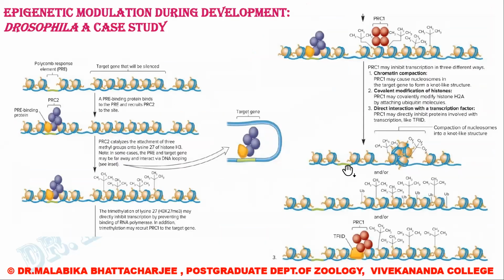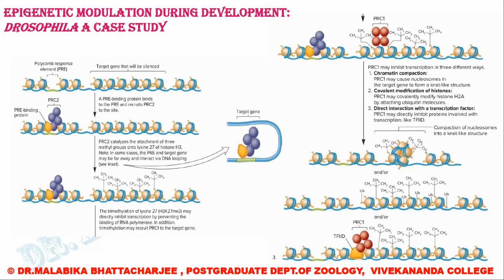So now I come to the last slide. This is a very famous case of epigenetic regulation with Drosophila as the example. In Drosophila, it was seen that there are two competing groups of protein complexes, the trithorax group and the polycomb group, which are key regulators of epigenetic changes that are programmed during development.